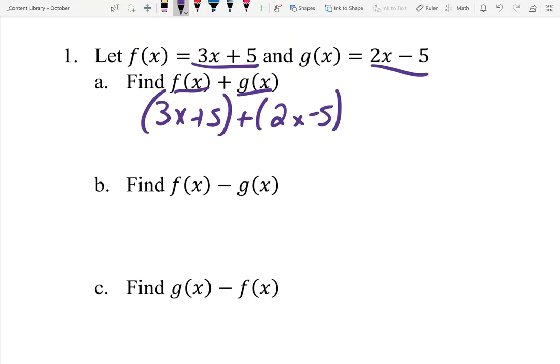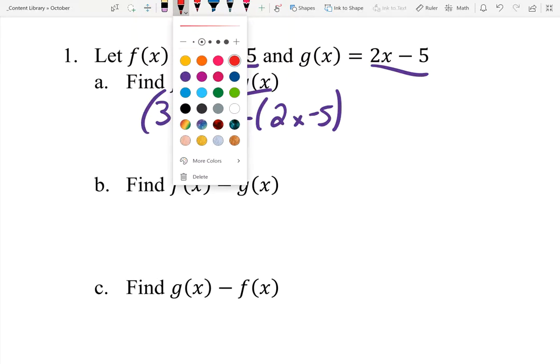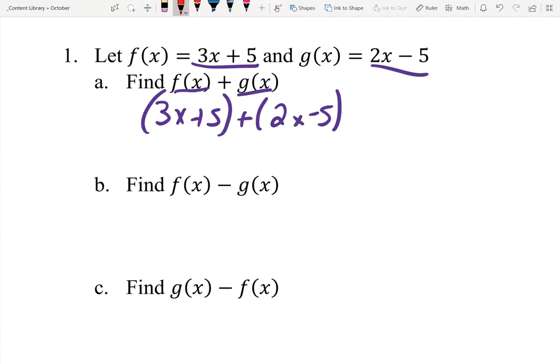Now when we add them, all we're doing is identifying terms that are alike, combining like terms. When I look at 3x plus 5 and 2x minus 5, I look at the x terms and go, okay, those match. 3x and 2x are like terms, they go together, and we're adding them. So we have 3x plus 2x. If there's 3 x's and you add 2 x's to it, that becomes 5x, simply because 3 plus 2 is 5.